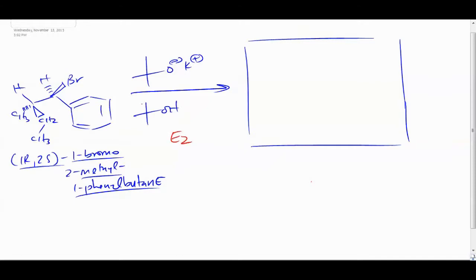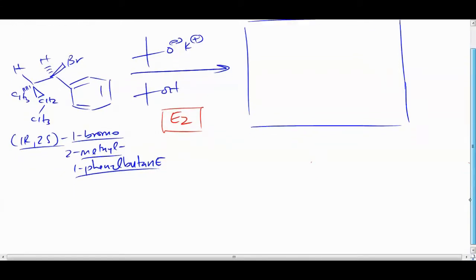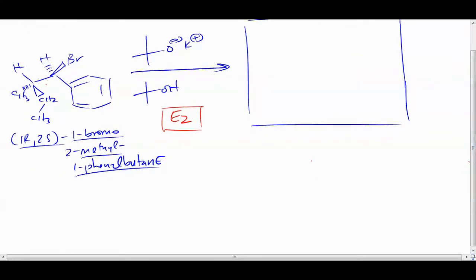It's going to be like an instant change. The geometry is going to be anti-periplanar. So what we have to do is rotate this. Remember that whenever you have a single bond, you can get a rotation. Now you see this wedge here.